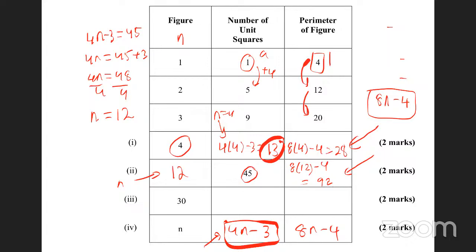You okay with that? Well, we know n is 12. So if I want the last one here, just put n is 12 in here.